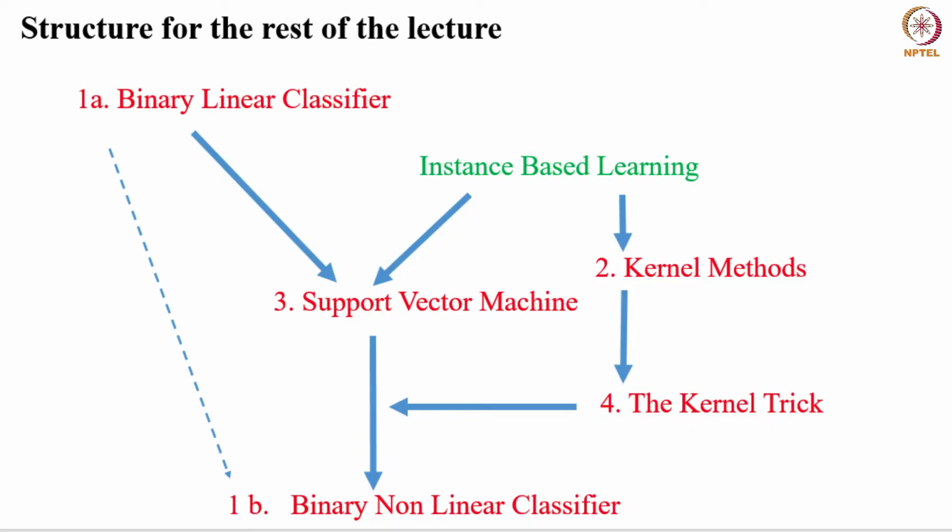Rather, it computes indirectly some kind of surfaces in the feature space, which correspond, one can say, to the hypothesis. So therefore, the support vector machine, in my mind, is very much inspired by instance-based learning.